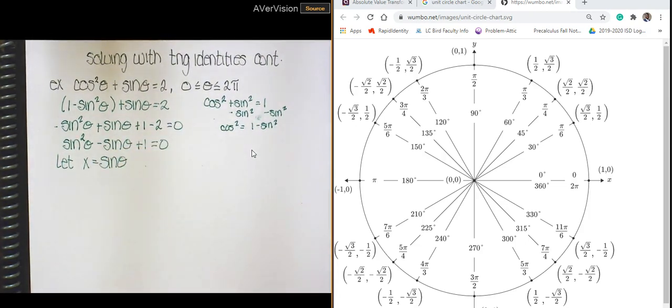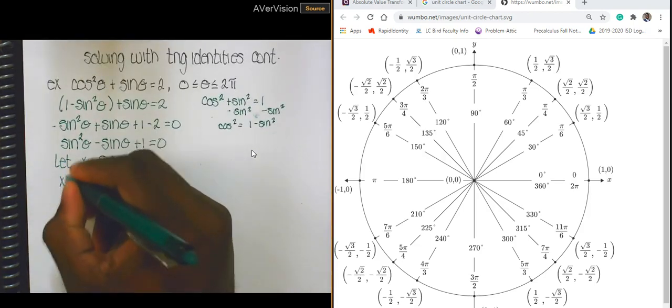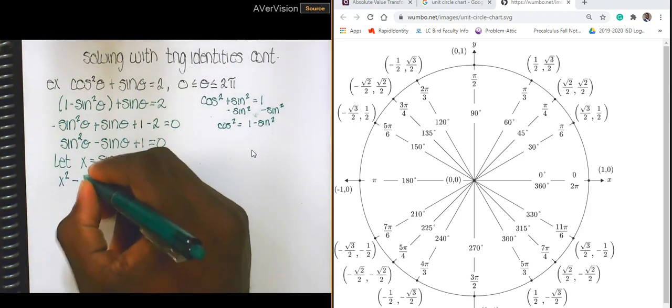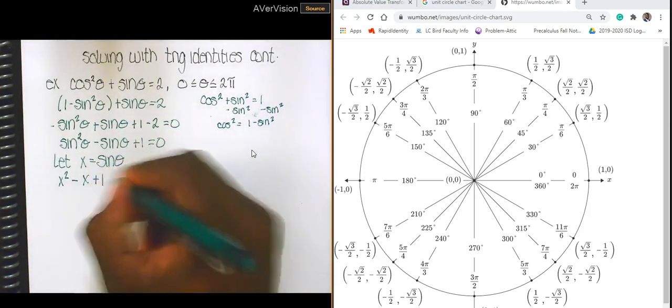Now let x equal sine theta. That means we have x squared minus x plus 1 equal to 0.